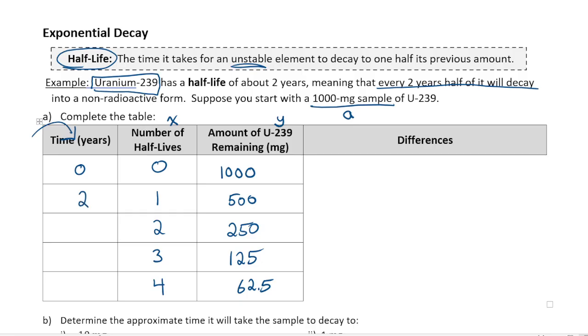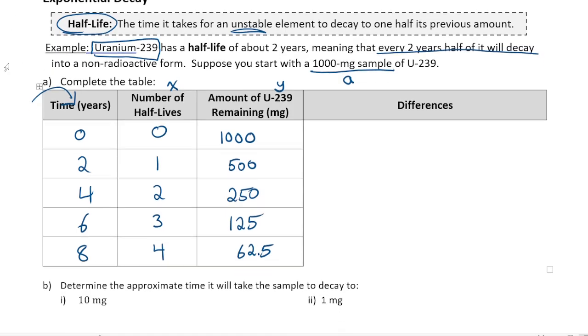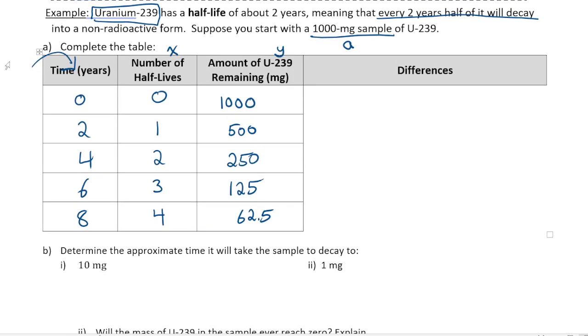So 1 half-life was 2 years, 2 half-lives is 4 years, 3 is 6, and 4 is 8, because they're 2 years each. And if you were asked to prove that this is a half-life or an exponential problem, we could check our first difference and see if that is also the same pattern.